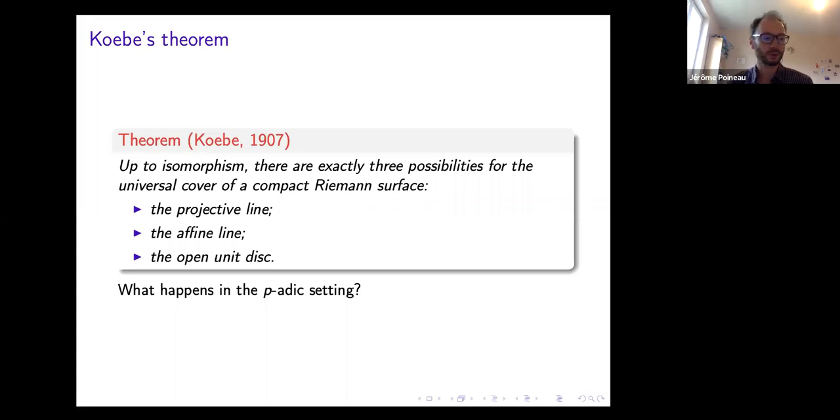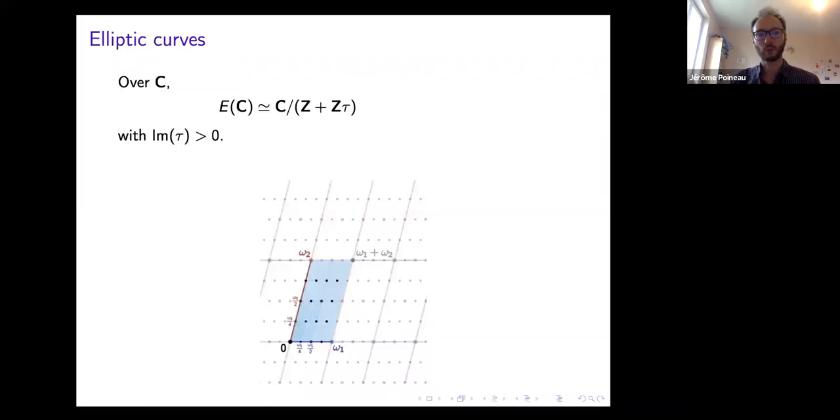Before trying to reach a full solution in full generality, let's start with the probably most well-known case, that of elliptic curves. Over C, if you take the C-points of an elliptic curve, we all know that you can write it as a copy of the affine line C quotiented by a lattice.